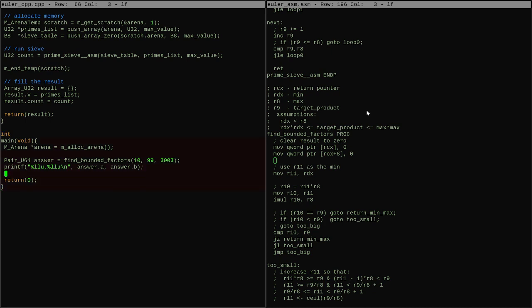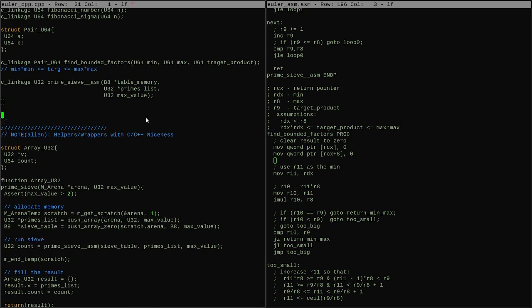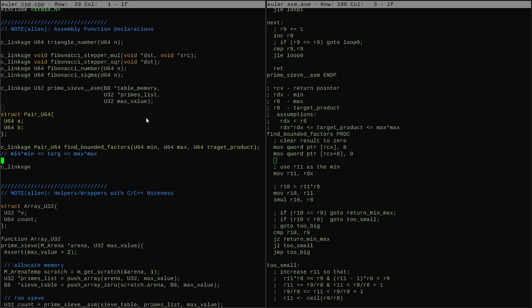And now let's find out if we can finish this off for the problem we actually are trying to solve. So we've got the building block here. We just need a quick Euler function here. I'm not sure why I put this above the prime sieve. That's weird.